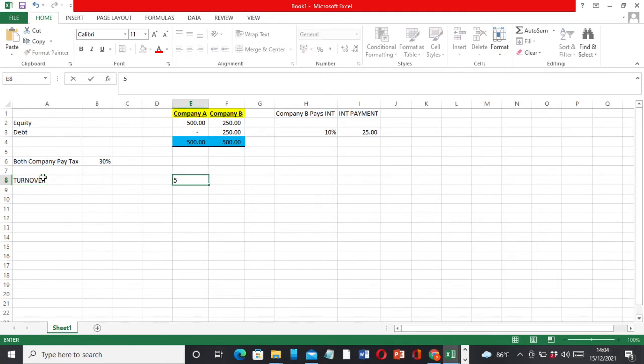Company A has 500 million turnover. Company B also has a 500 million turnover. So same turnover, right? And let's also take cost of sales. Cost of sales is 100, right? And let's get the gross profit.